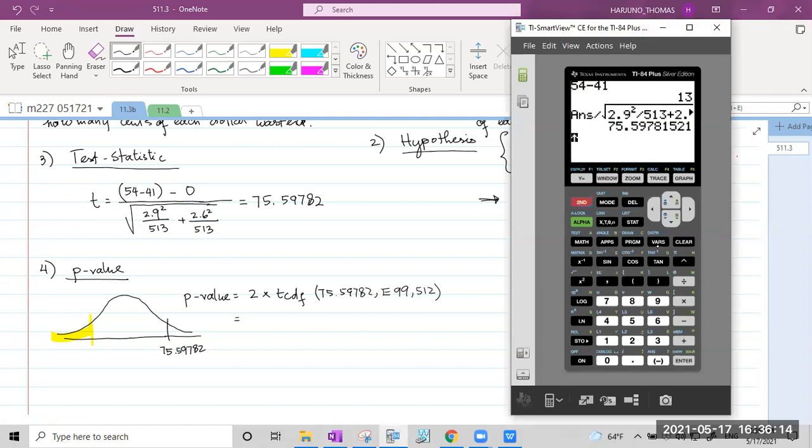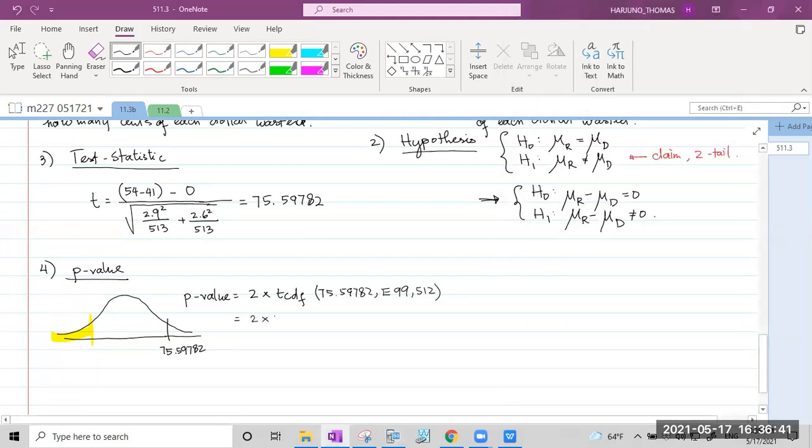That's basically 0. So this is 2 times 0 equals 0.